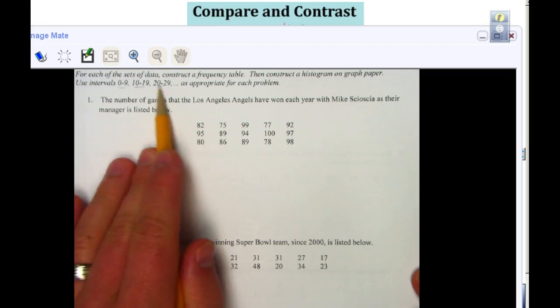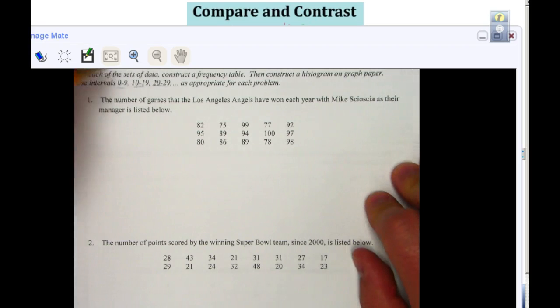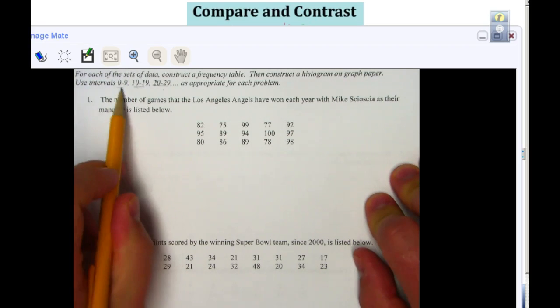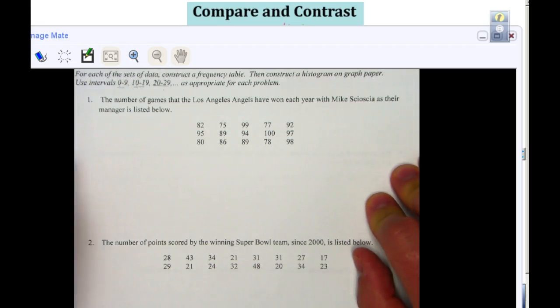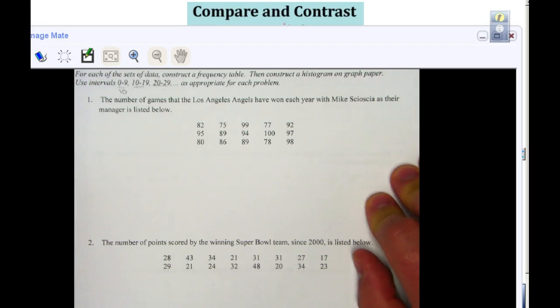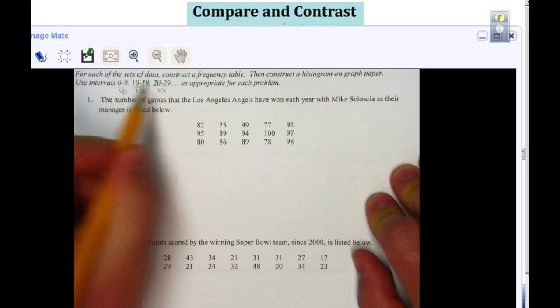Now, I'm going to go over a few more things you want to always abide by, and one of them is you always do equal intervals. So 0 through 9, that's 10 numbers, right? There's 1, 2, 3, 4, 5, 6, 7, 8, 9, plus 0 is 10 numbers. So each category has to have 10 numbers, equal amounts.